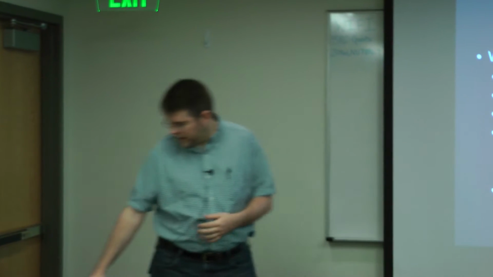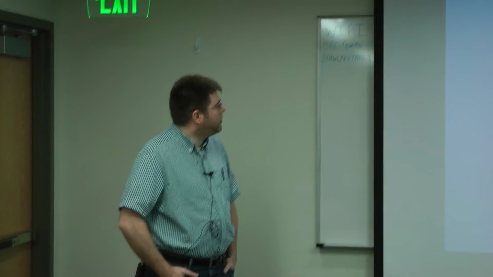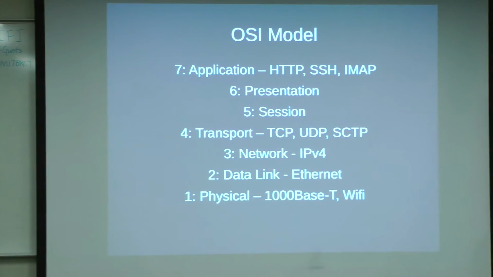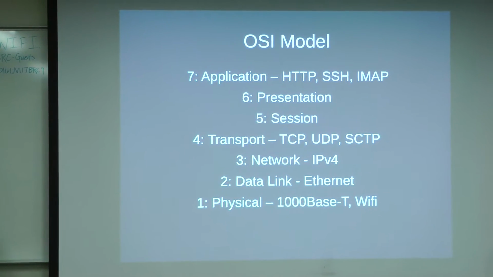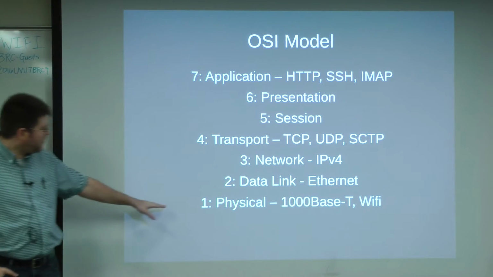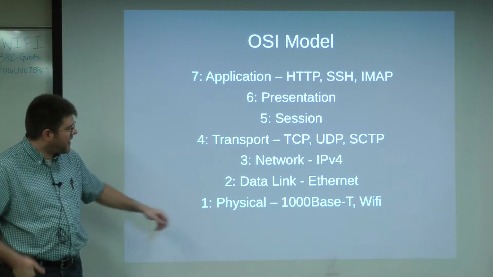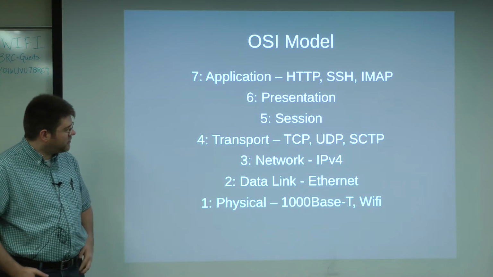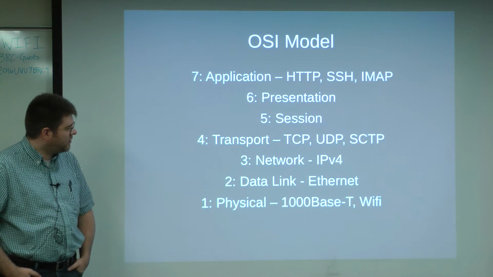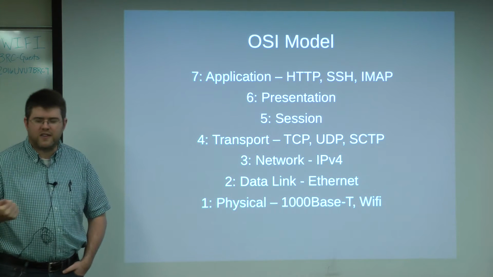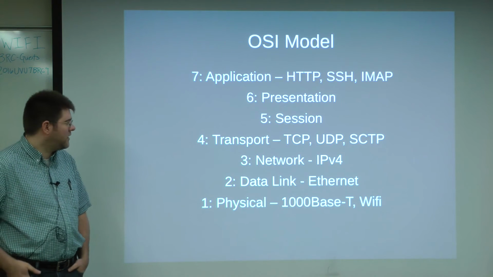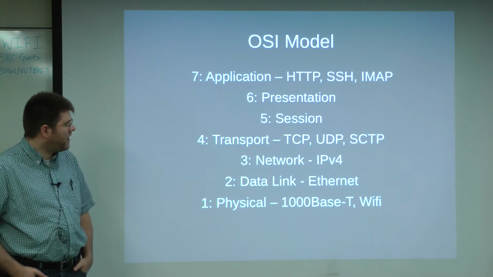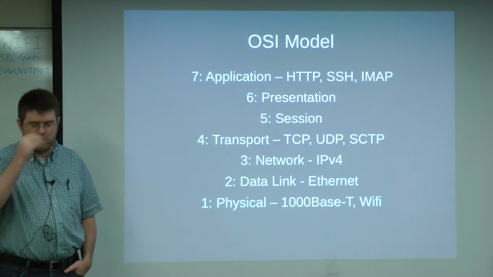So, but anyways, here's some quick little diagrams of the OSI model. I don't know how much experience you guys have with it, but at the bottom we have our physical layer, which is our actual network connections, the physical connections. So the example I give is 1000BASE-T, which is standard wired gigabit Ethernet. Wi-Fi is another example.